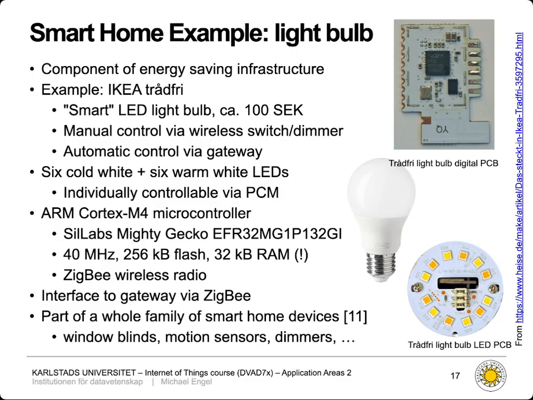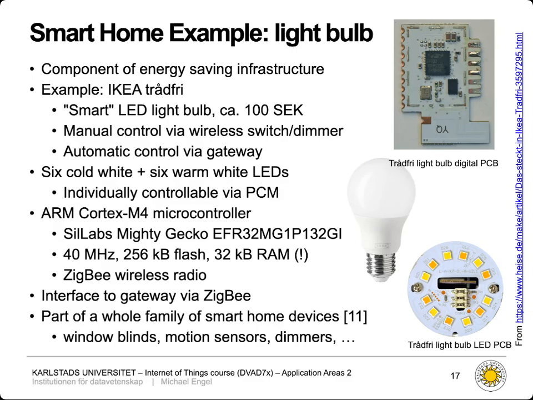So this interconnection is enabled by automatic control, and this gateway then connects your smart light bulbs to whatever other things are available on an Ethernet or wireless network.